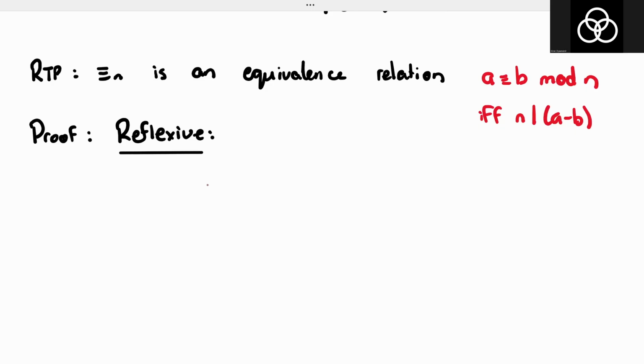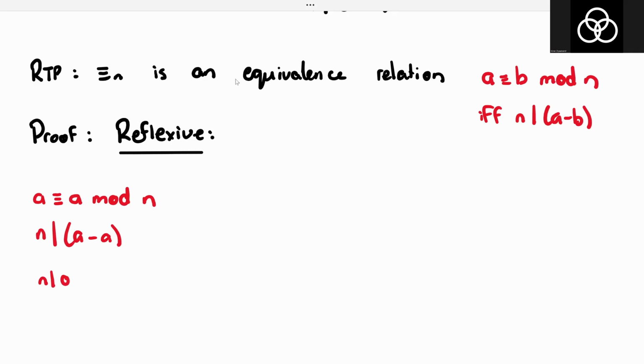Let's say we have A, then for A to be related through congruence mod n to itself, what we have is n divides A minus A. And that is, of course, true, right? Because A minus A is just 0. And n definitely divides 0. Any number divides 0, and you get 0, right?